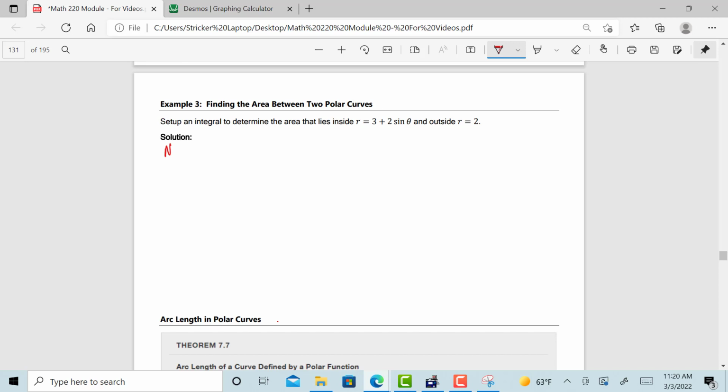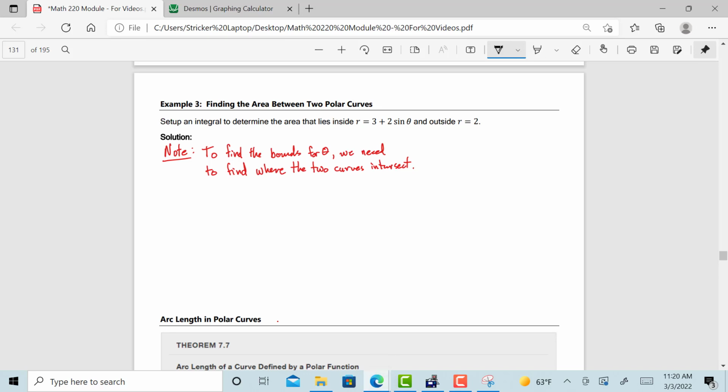So we'll say note, to find the bounds for theta, we need to find where the two curves intersect. We can set them equal to each other.